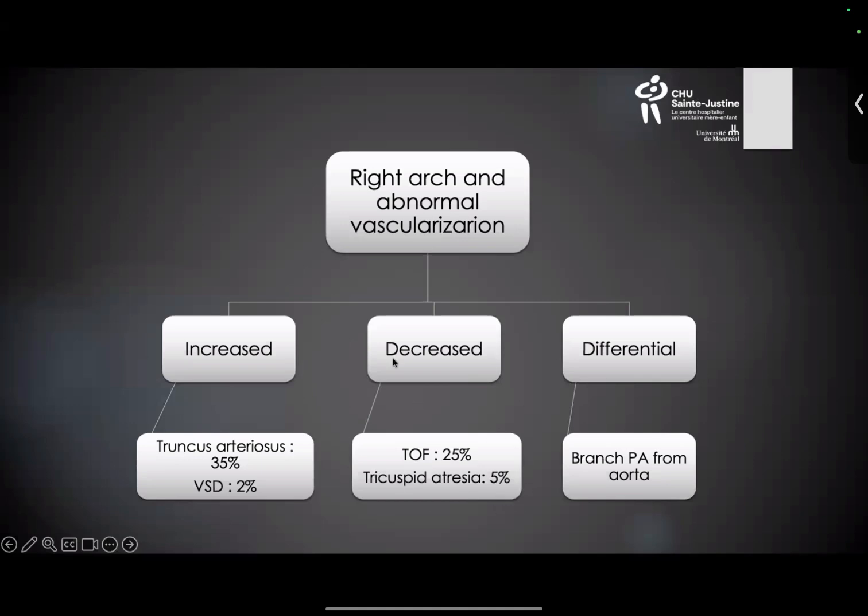It would be the thing that you will see the most, because tetralogy of Fallot is way, way, way more frequent than the truncus arteriosus. And you can have pulmonary atresia. If you have a differential vascularization of the lungs, let's say one side is increased and one side is not, you can think of a PA that came from the aorta, which is rare.